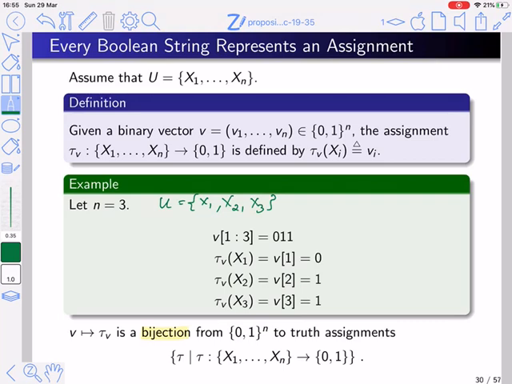Now, you see that what I did was I took a binary string and I mapped it to a truth assignment. I claim that this mapping is a bijection from the set of all binary strings to the truth assignments defined over the set of variables x1 up to xn. This is an exercise. Check it. It's an important exercise.